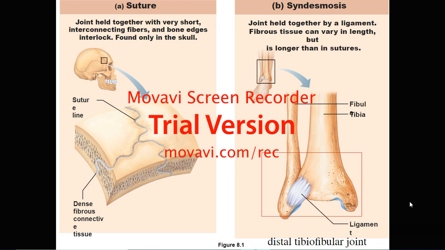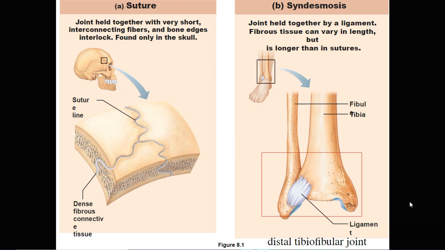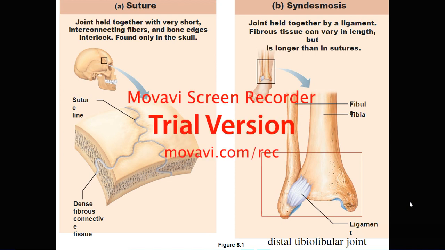Essentially, when you start off as an embryo, and then as you grow, your skull has to continue to grow. So it still has fibrous connective tissue in the sutures, but then as you get into middle age, the fibrous tissue is going to ossify, and the skull bones are going to fuse into a single unit.